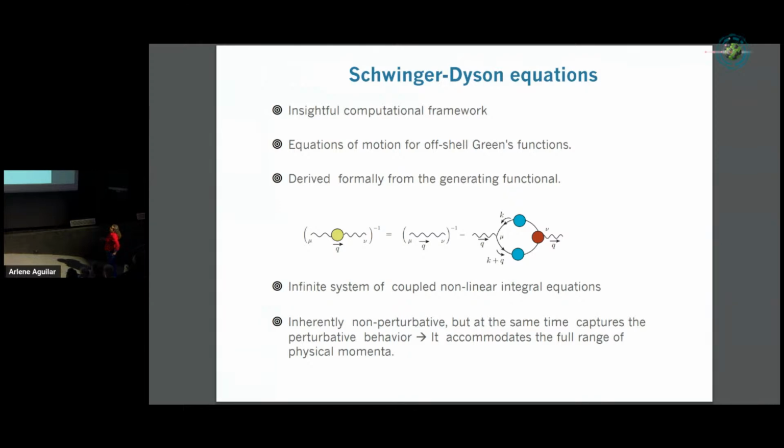You can derive them formally from the generating functional, and they form an infinite tower of coupled integral equations, containing both the non-perturbative and the perturbative behavior of these functions. So you can describe the full range of physical momenta with this tower of integral equations.